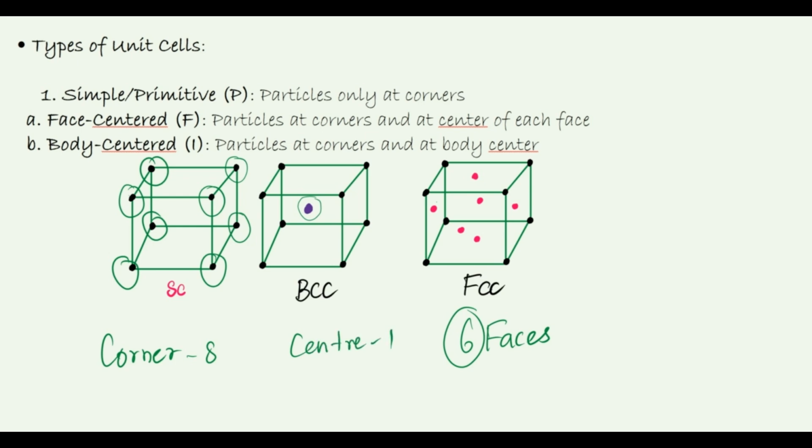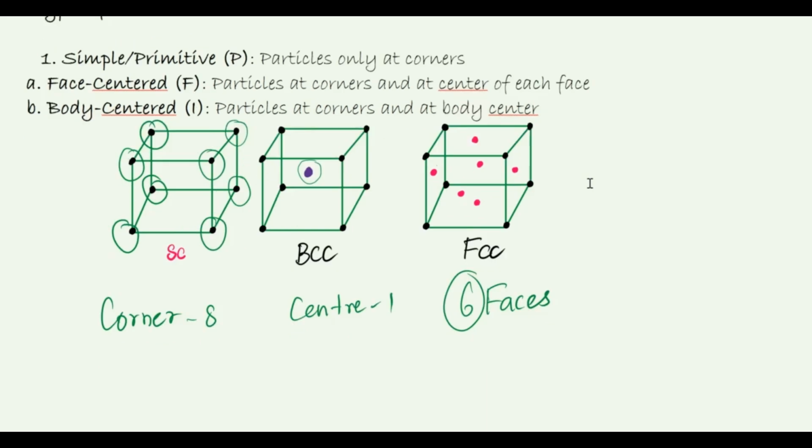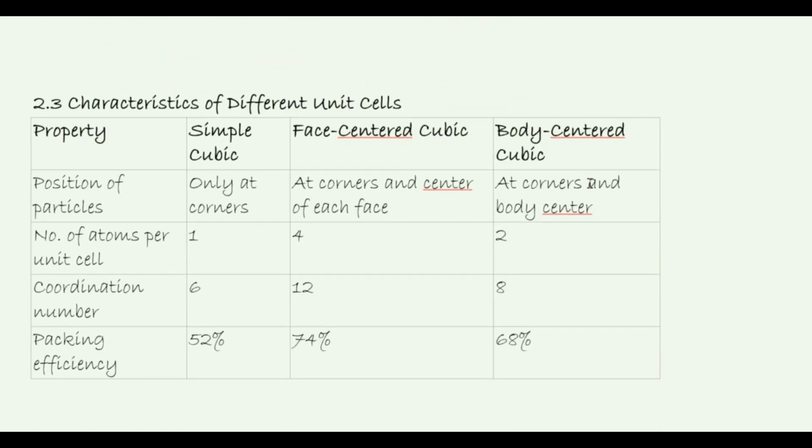Okay, cool. So, what are the properties of these different unit cells? The position of the particles in case of simple cube, as I told you, only at the corners. And number of atoms per unit cell is 1, and the coordination number becomes 6.